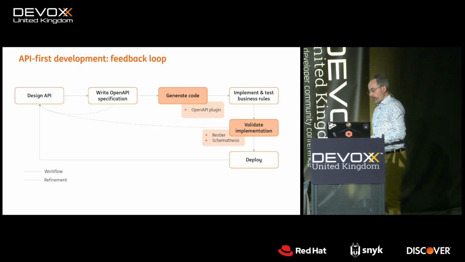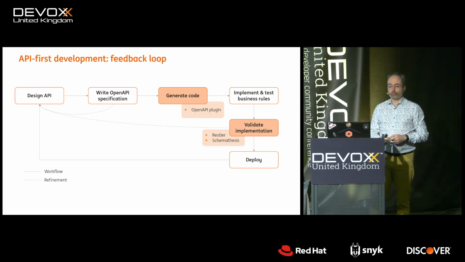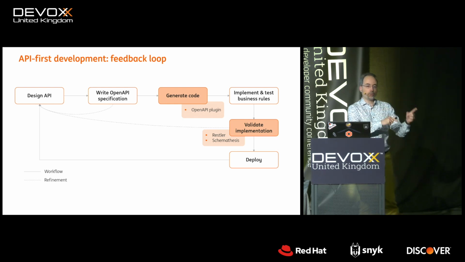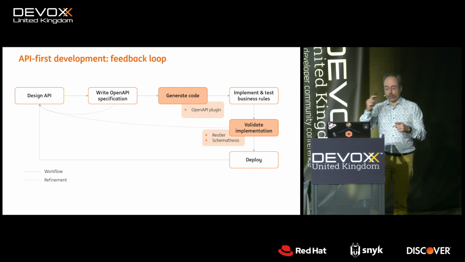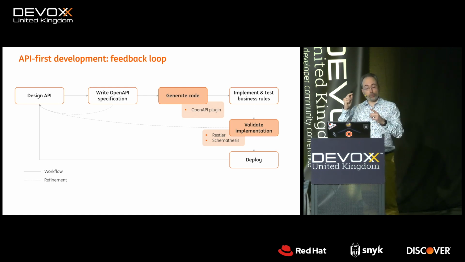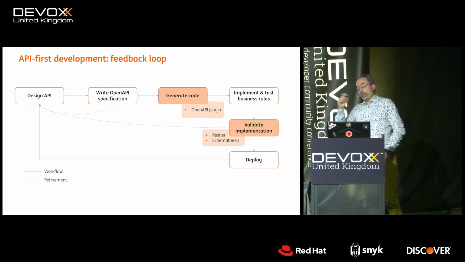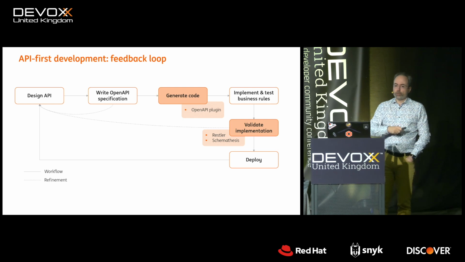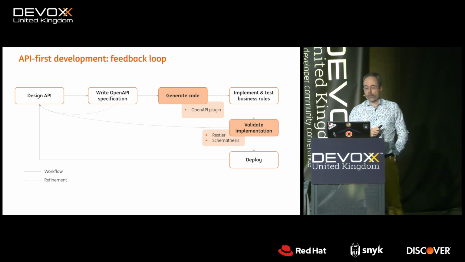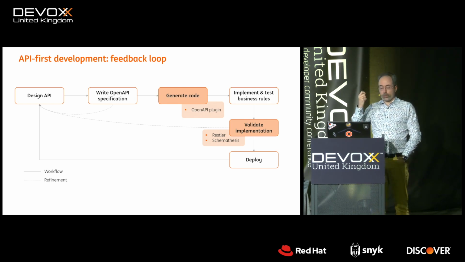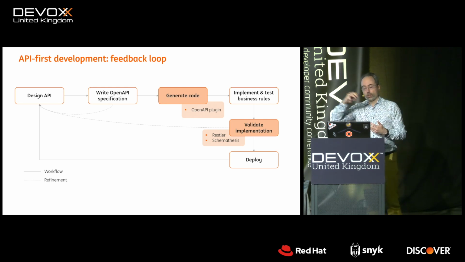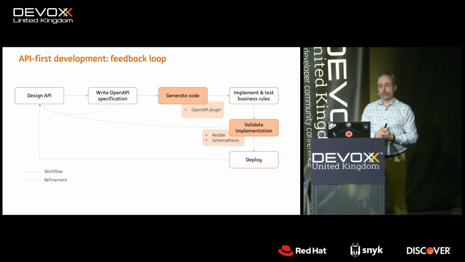All of this builds a feedback loop. People get together, they design an API, they write the text, and when they are happy with the text, they generate the code for the service. As I mentioned before, we are mostly a JVM shop. Lots of our teams use Maven, and we have chosen the OpenAPI plugin to transform the specification into a runnable service.